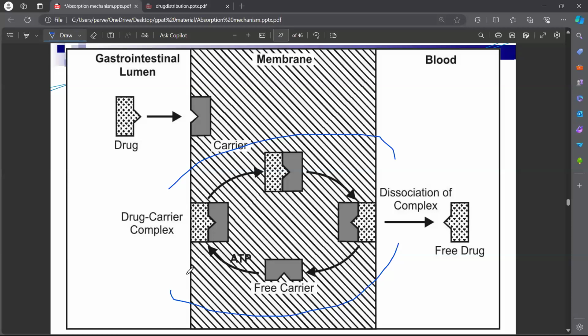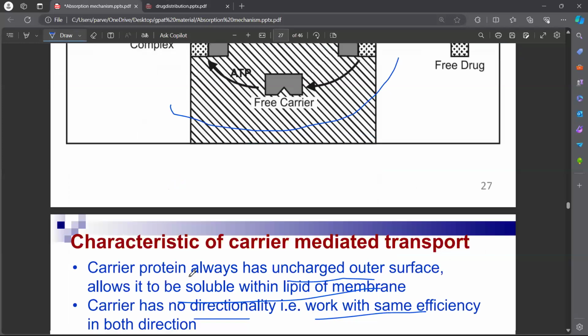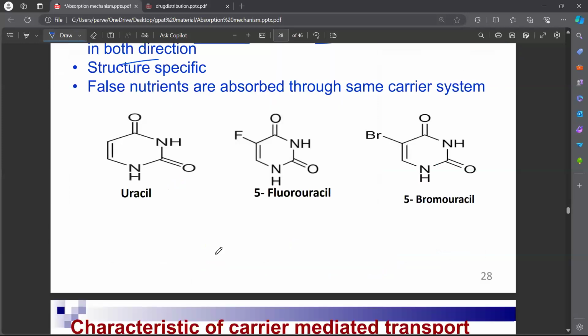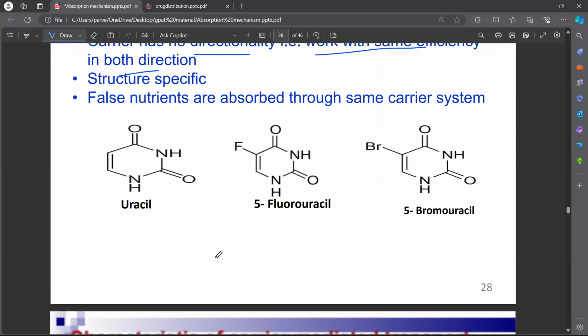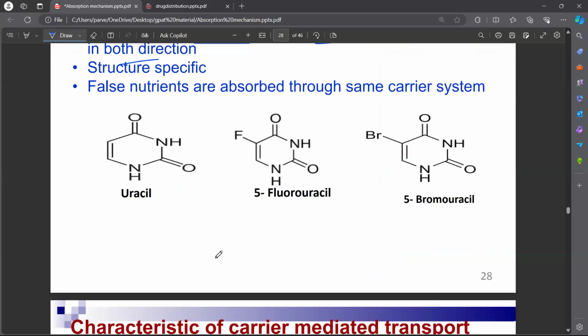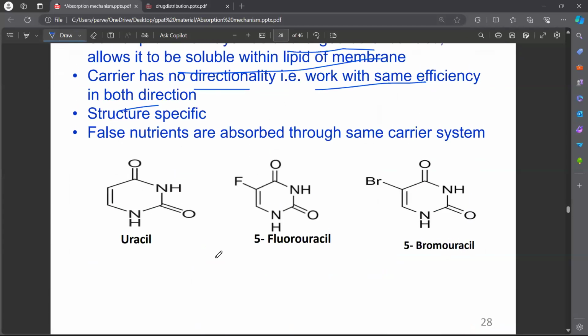So is this transportation saturable? Is carrier mediated transport saturable or non-saturable? Answer to me, guys.